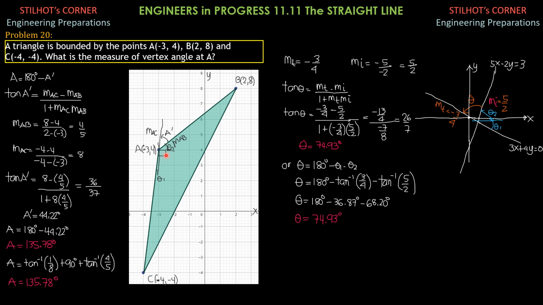Then plus 90, plus this is automatically the slope of AB, inverse tangent of 4/5. So A is inverse tangent of 1/8 plus 90 degrees plus inverse tangent of 4/5, which is theta 2, measured in counterclockwise direction from the horizontal, from the positive x axis. So that's it.